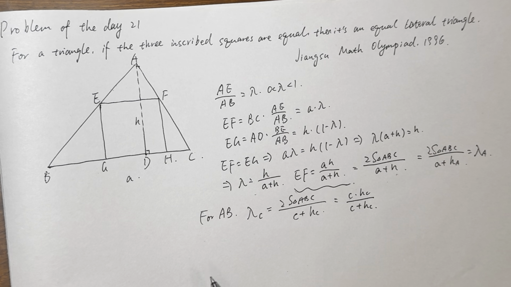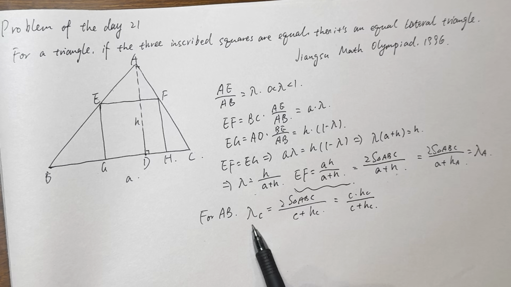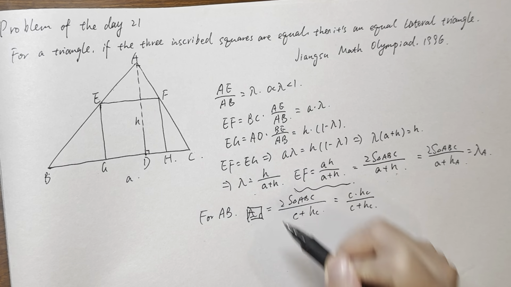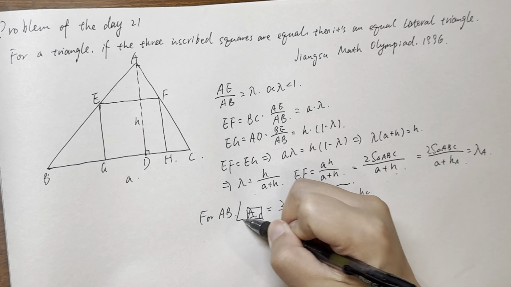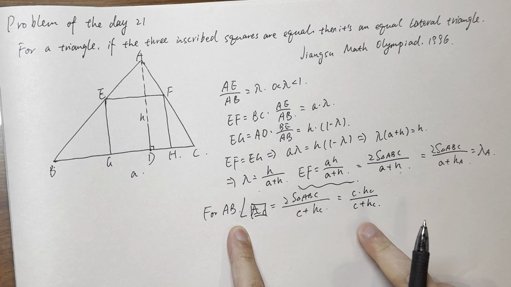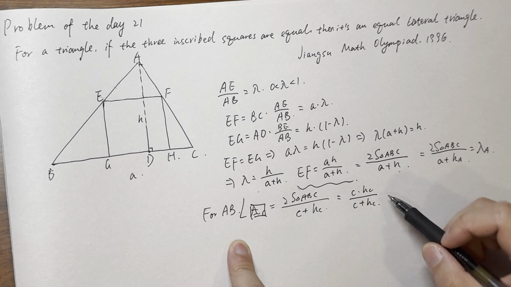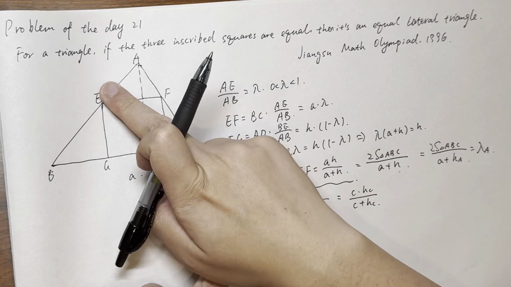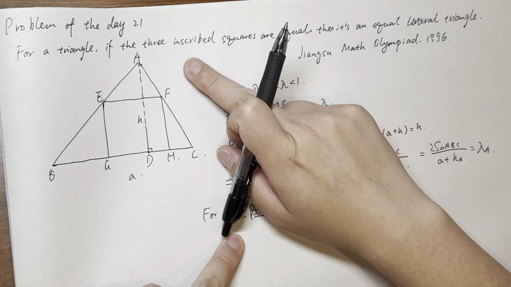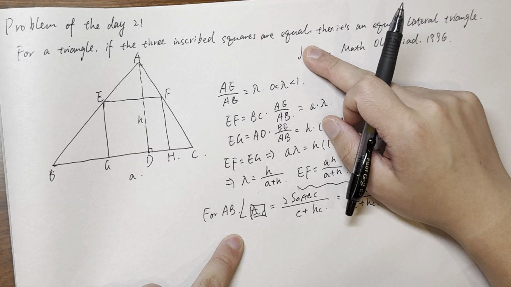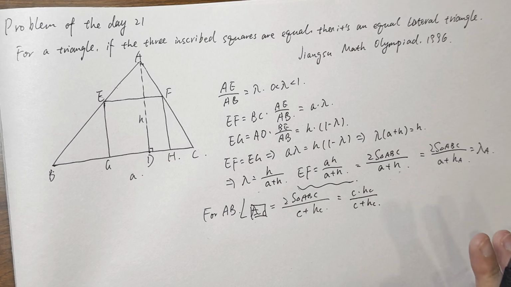Wait, this is not the lambda; this is the length of the inscribed squares on the AB side. We know that all three inscribed squares are equal, which means any two of them are equal.